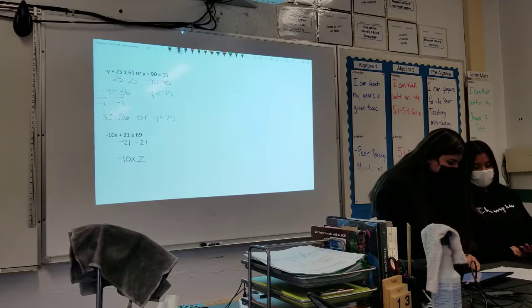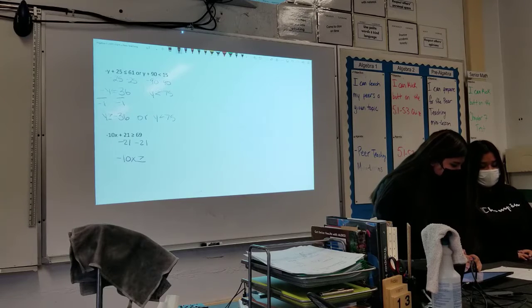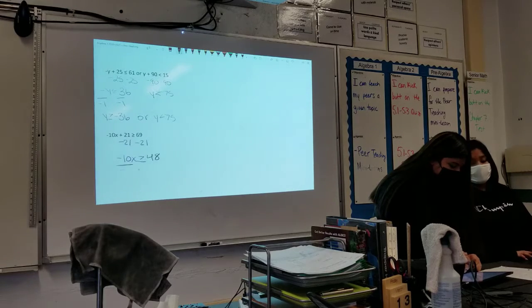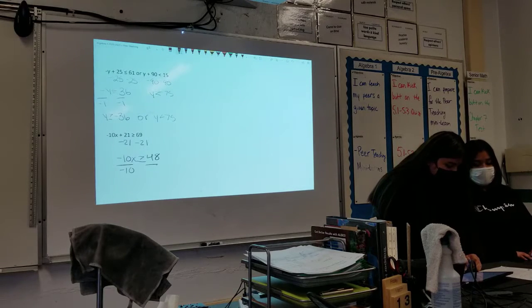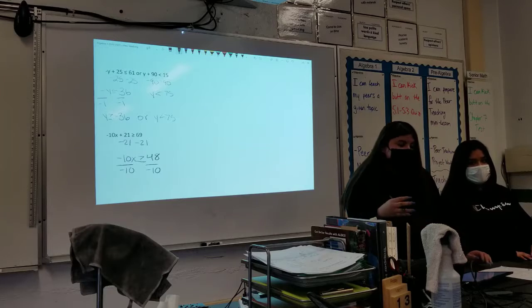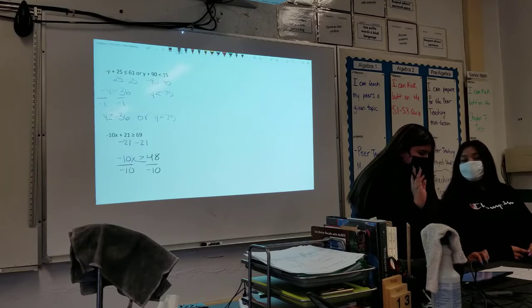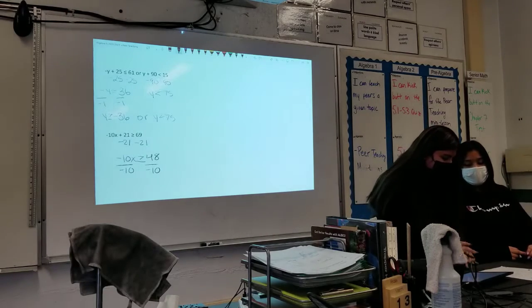And then you'll be left with 48. And then you're going to divide by negative 10 on both sides. And since you're dividing by a negative, you're going to have to switch the sign.